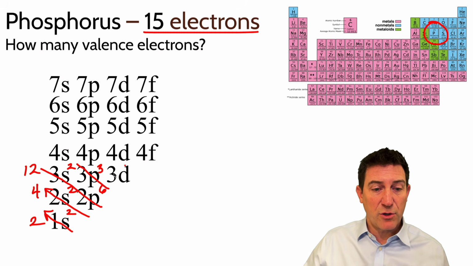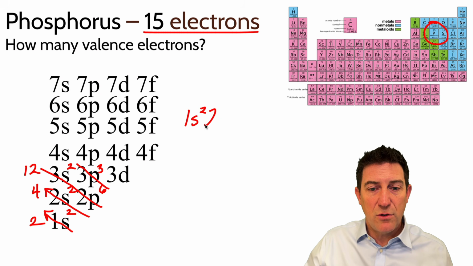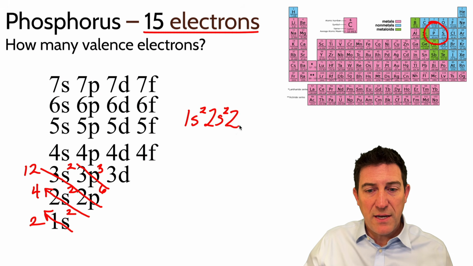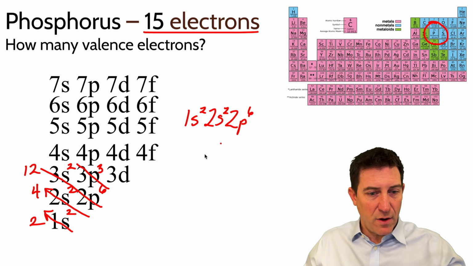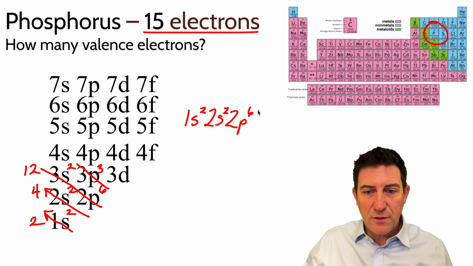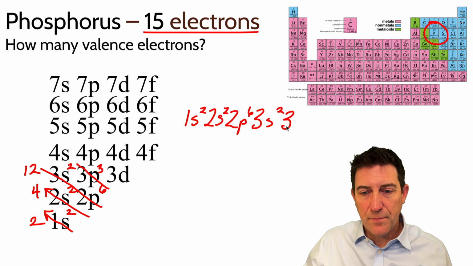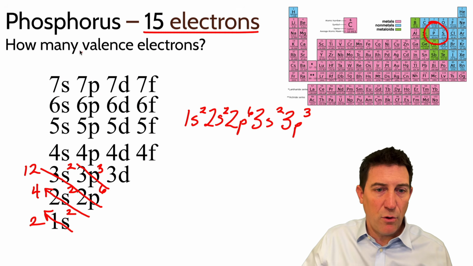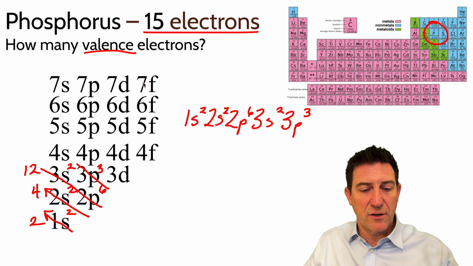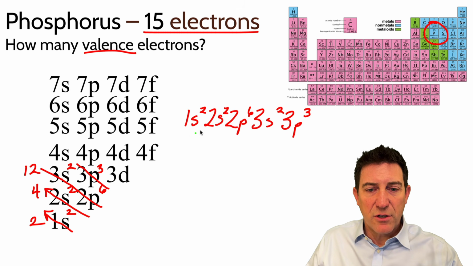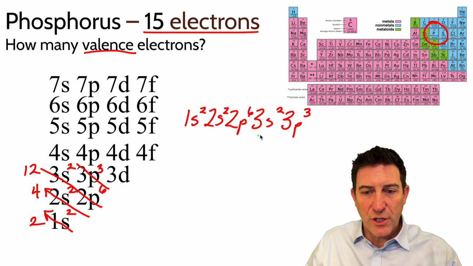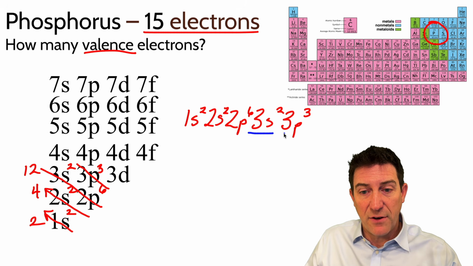I'm going to write out the electron configuration in the order we filled it up, which is 1s2, 2s2, 2p6. I'm right here, by the way. 3s2 and 3p3. Okay, the goal here is the number of valence electrons. I've got electrons in the first, second, and third energy levels, and the third energy level is definitely our highest.